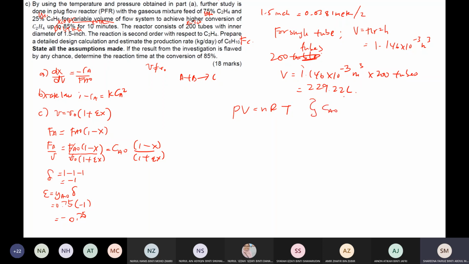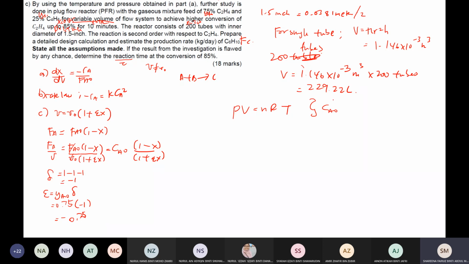So kenapa CA0 ni penting? Sebab kita nak compare sama ada betul ke tak reaction time tu achieve 10 minit ni untuk reaction 85%. So of course kita kena determine what is tau. Sebab you kena prove kan betul ke 10 minit ni sesuai untuk 85%. So that's why you kena recalculate tau tu.